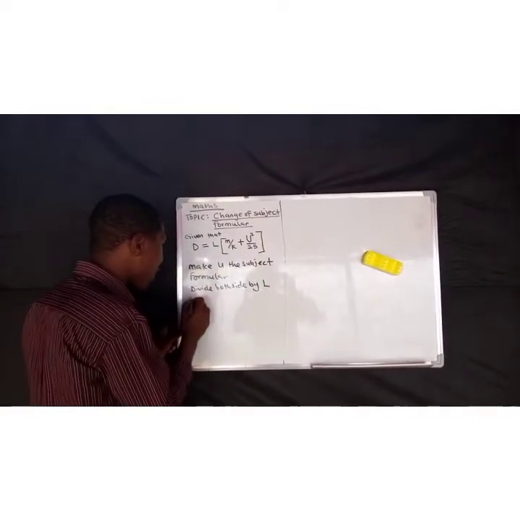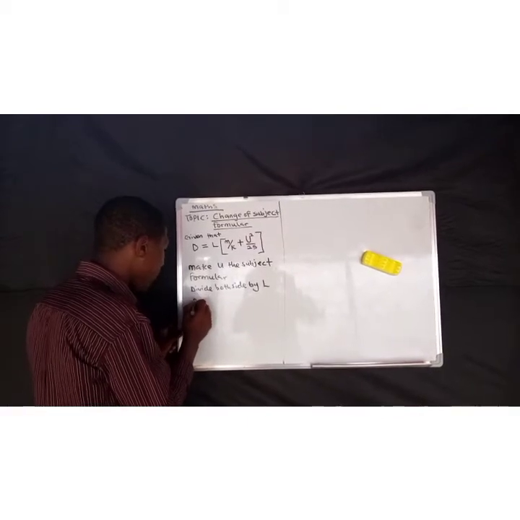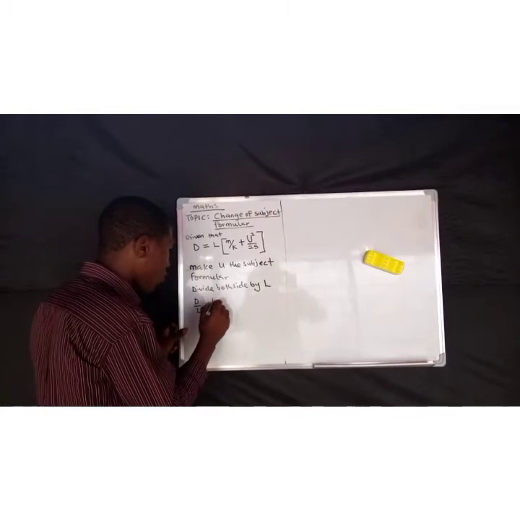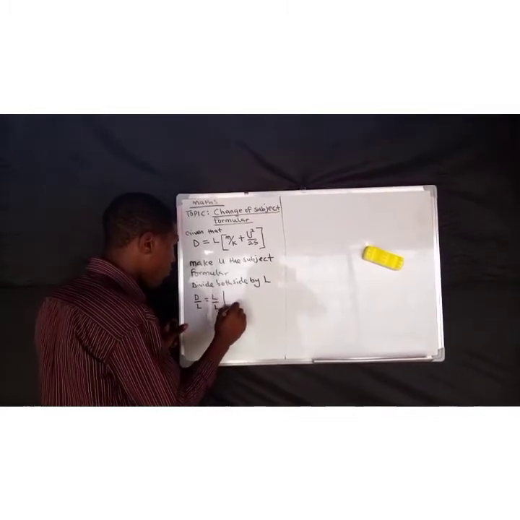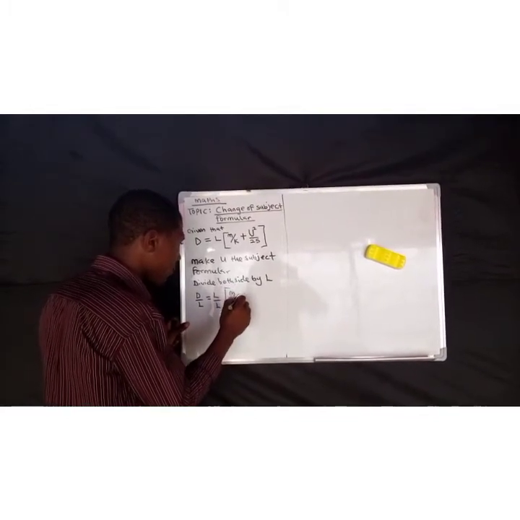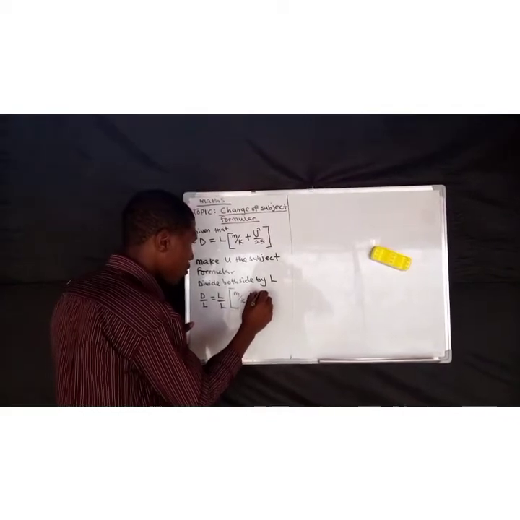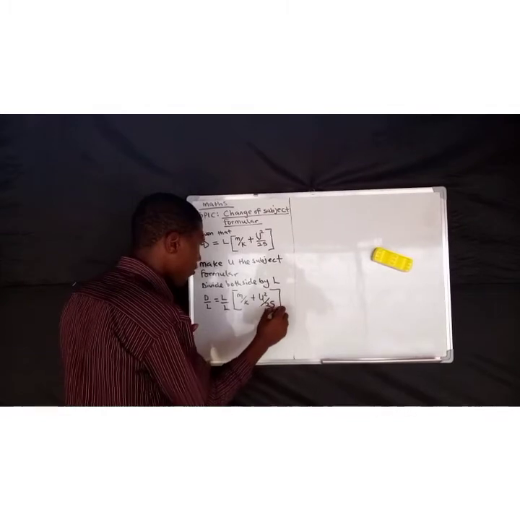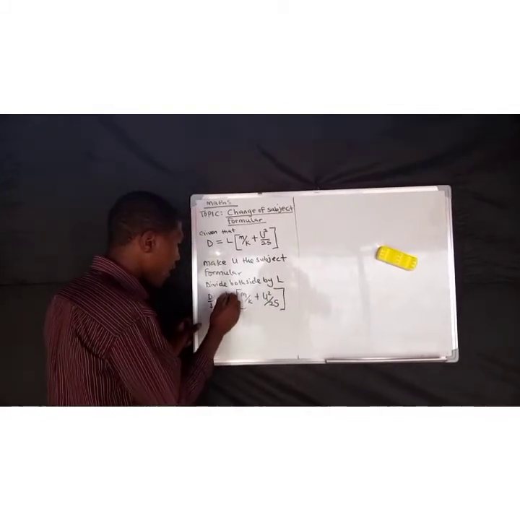So this expression will be D over L is equal to L over L, open bracket, M over K plus U square over 25, close brackets.